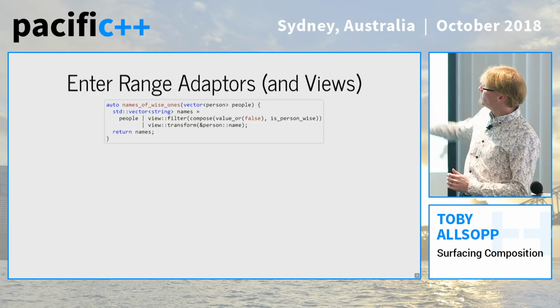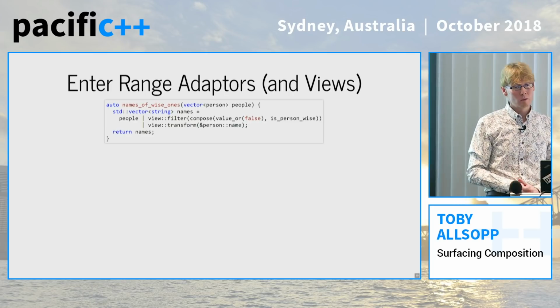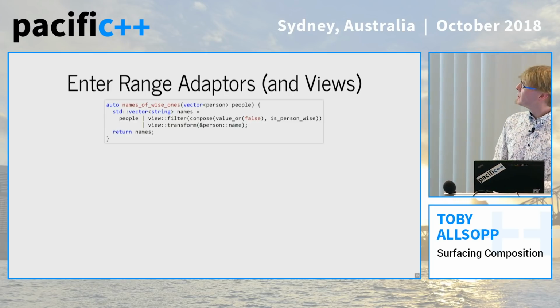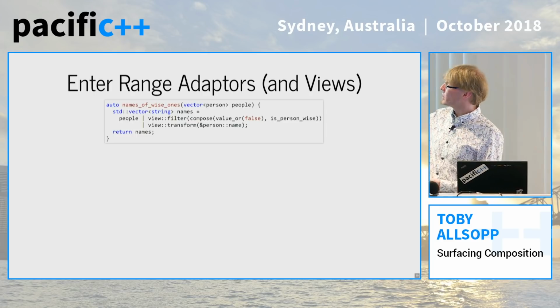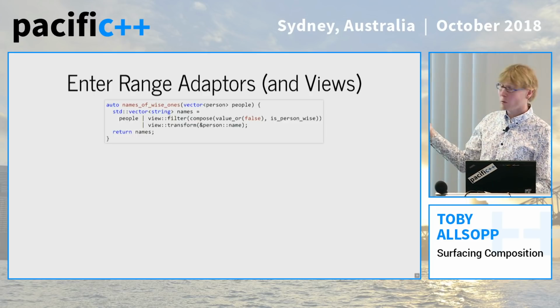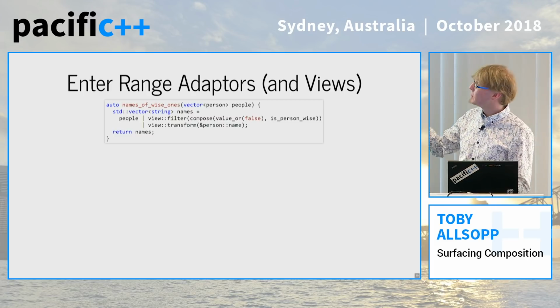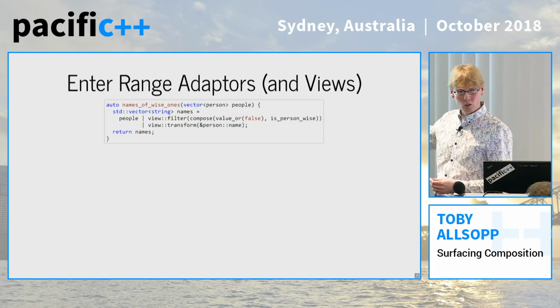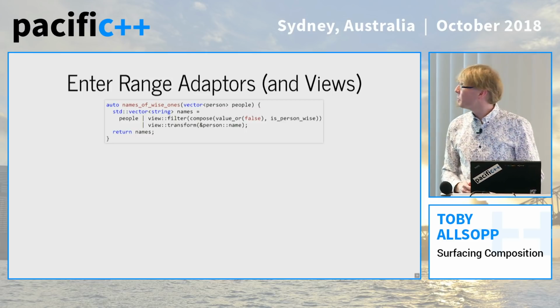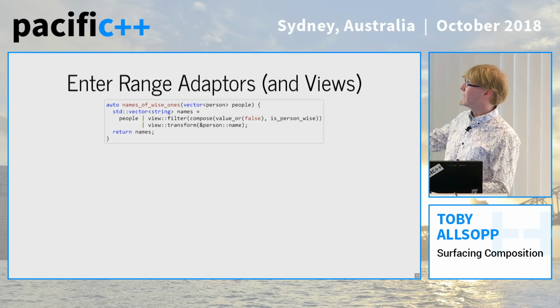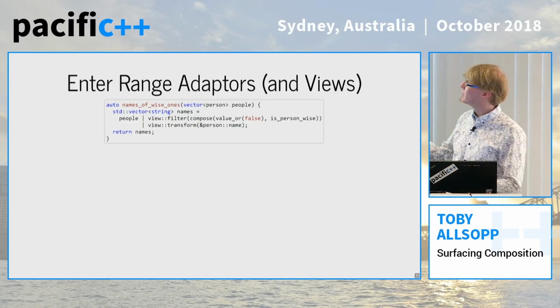And then we've chained on the transform view adapter, which takes a function, which is what we want to do with the transform, and it takes elements from its input range, which in this case is the results of the filter, and applies the transformation function as you ask for elements.